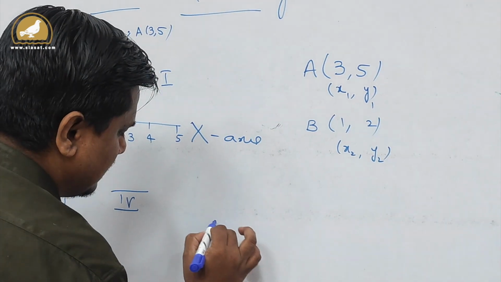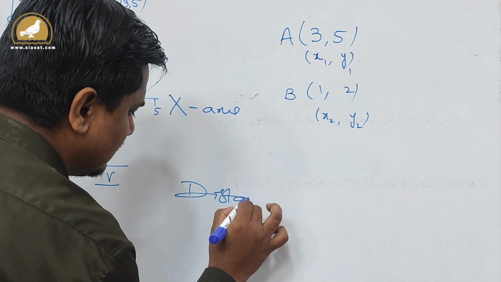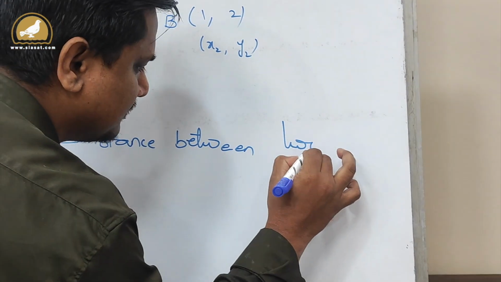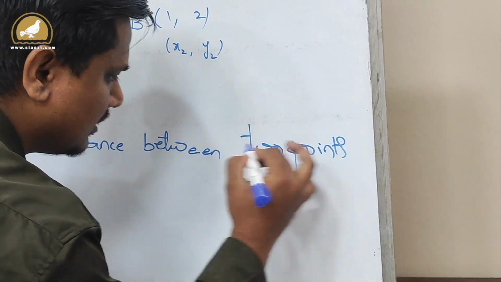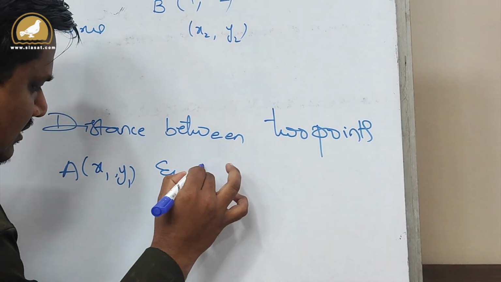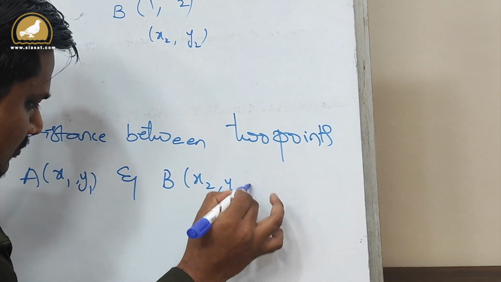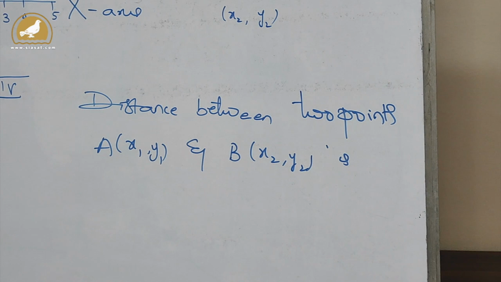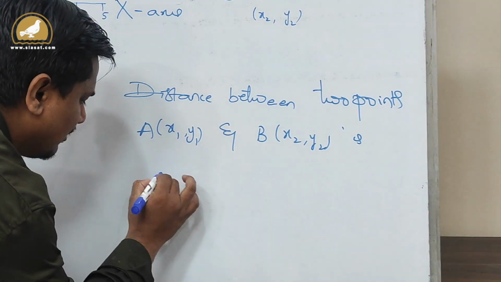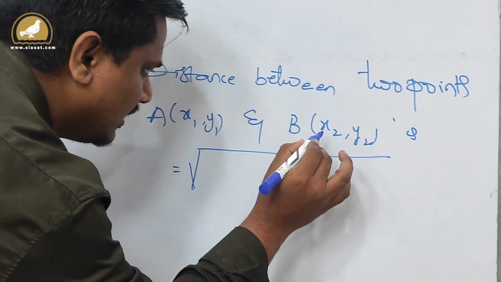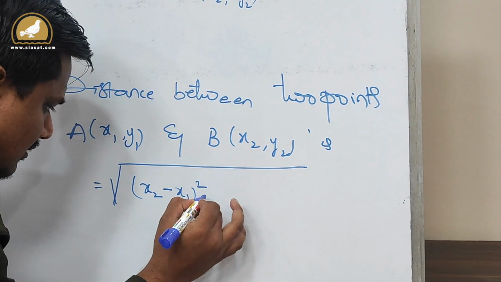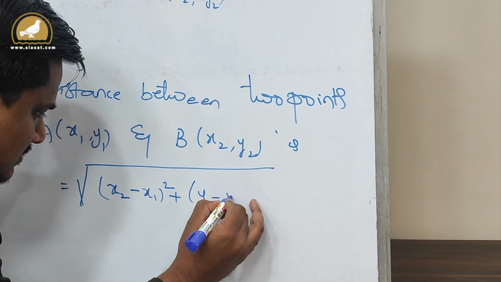So the distance between 2 points A (x1, y1) and B (x2, y2): if we want to find the distance between these 2 points, then the formula is the square root of (x2 minus x1) whole squared plus (y2 minus y1) whole squared.